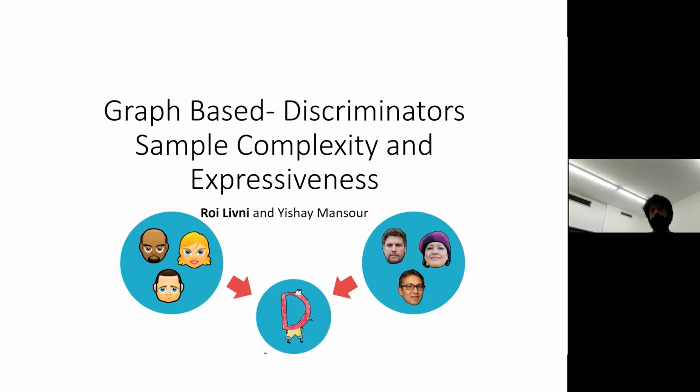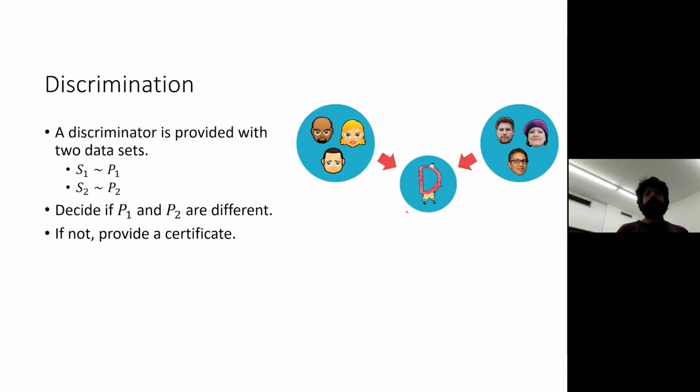to discuss those. Okay, so the problem is that of discrimination. I'm going to describe it at a high level, nothing formal so far. So what is discrimination? You have an algorithm, a function, or what we would call a discriminator. And the discriminator is provided with two data sets. Each comes from some distribution, IID data.